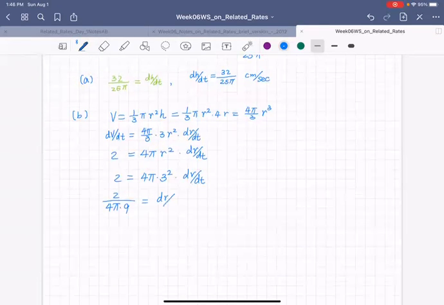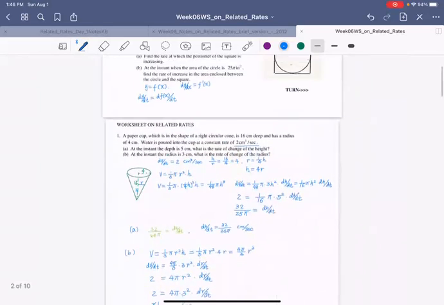Yes. So dr over dt equals to 1 over 18 pi, correct? This has the same unit. Make sense now? Yes. Okay, now that's the related rates question.